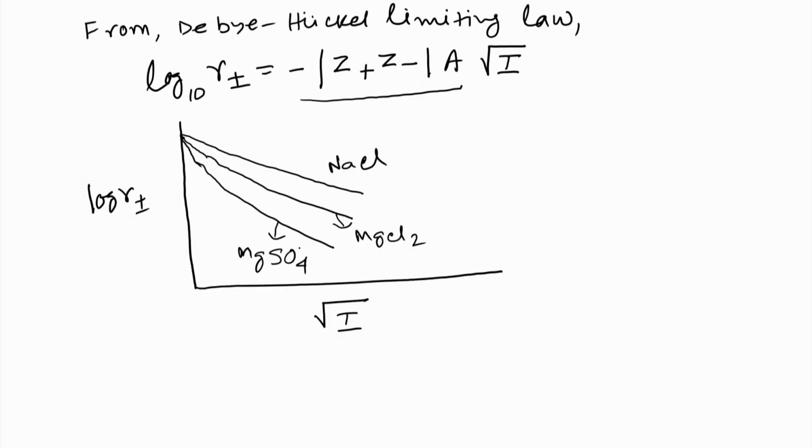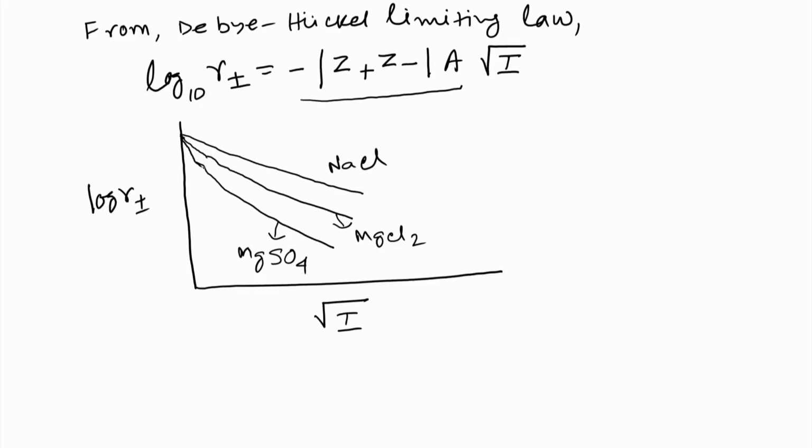For MgSO4, z plus times z minus gives you 4, and you have the minus sign. So, the decrease of log gamma plus minus as you increase the concentration, or the ionic strength, is much faster compared to MgCl2, for which the modulus of z plus times z minus is 2, and for NaCl it is only 1. That is how you get different slopes for different ionic solutions. Thank you.